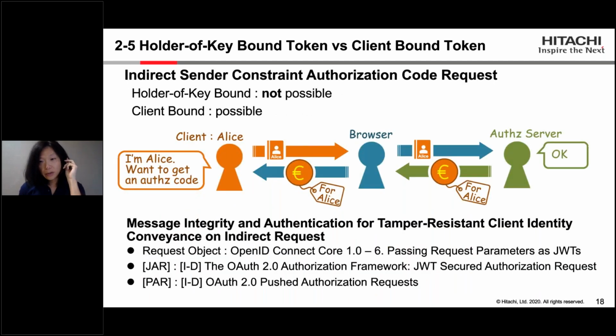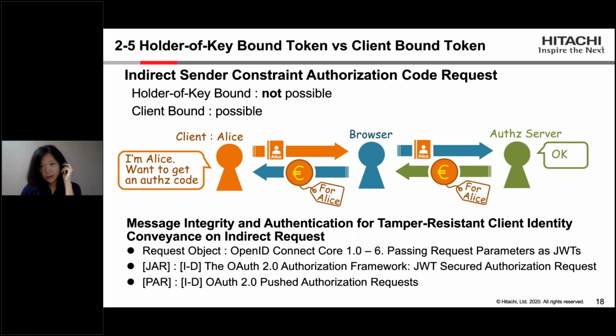The next point is indirect sender constraint authorization code request. The sender constraint authorization code request I've just mentioned earlier seems not to be possible in practice if we use holder-bound technology, but it seems to be possible if we use client-bound token technology.